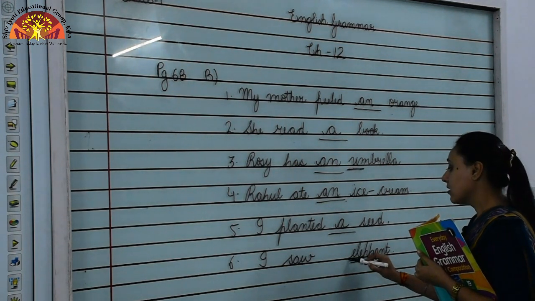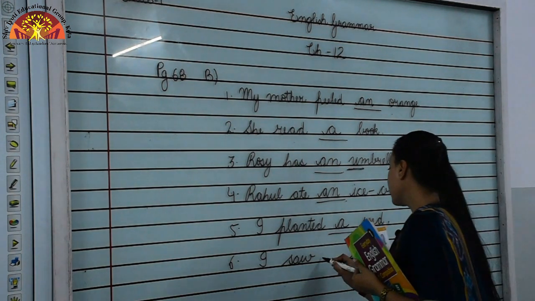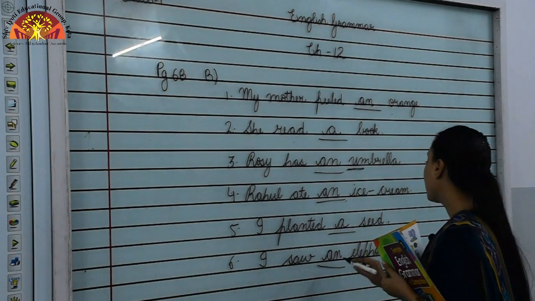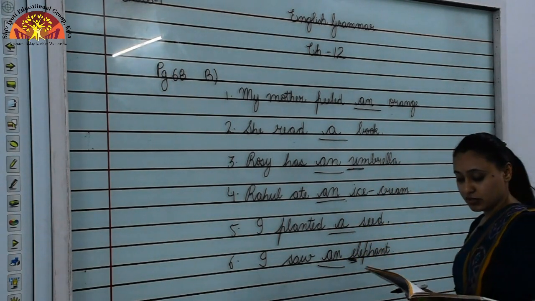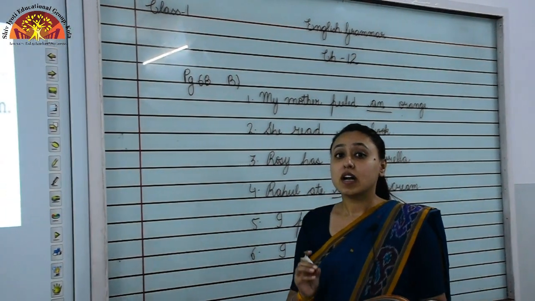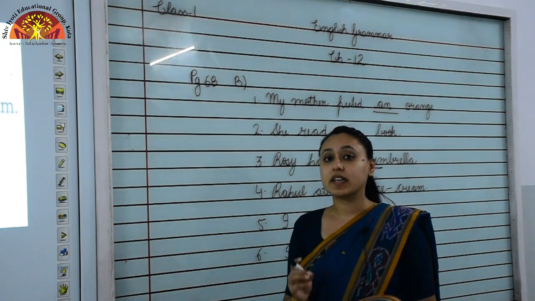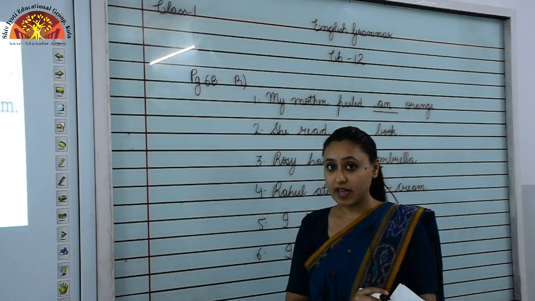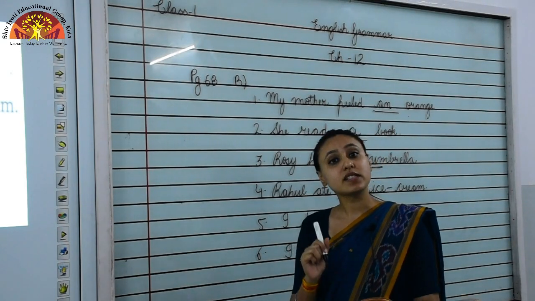This is a vowel sound letter. So, we will add N here. Sentence: I saw an elephant. So, children, I hope this is clear to you that we use a before consonant sound word, N before vowel sound word, and we use a or N with one thing, with a singular noun.